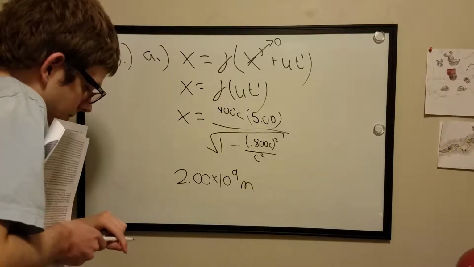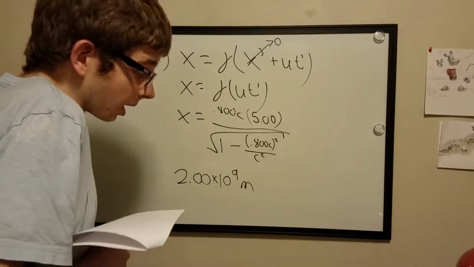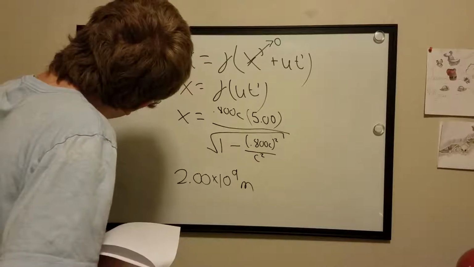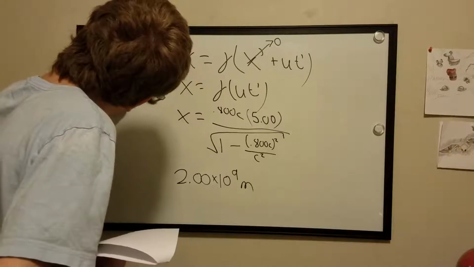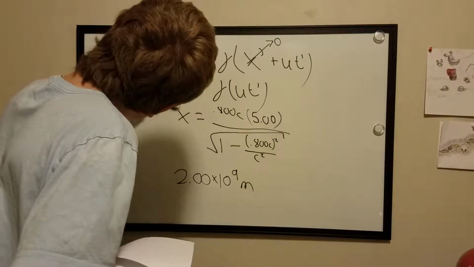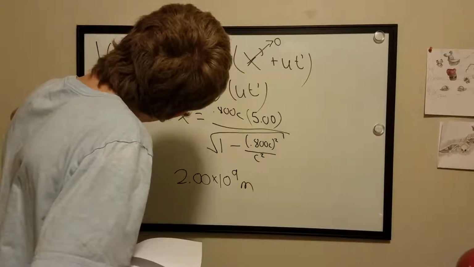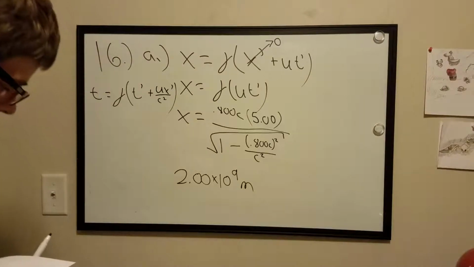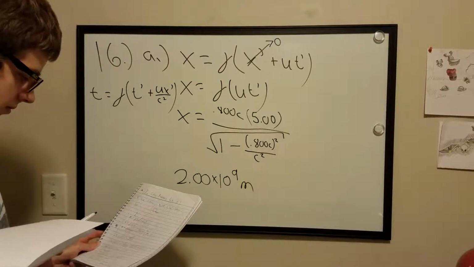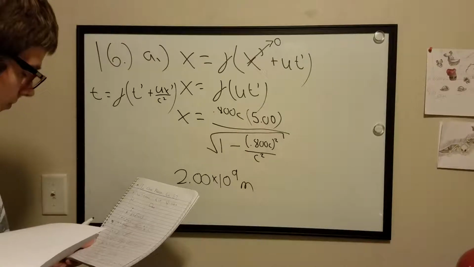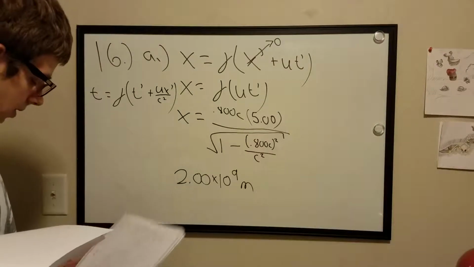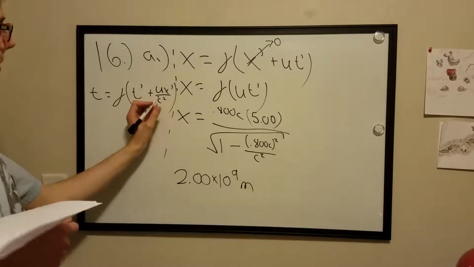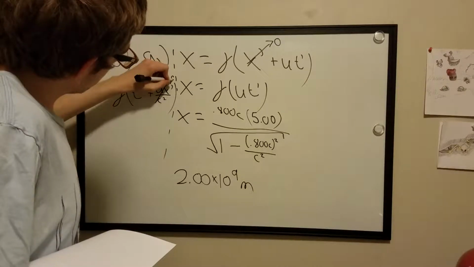Alright. So for Stanley's t, we're going to be using the time Lorentz transformation equation. Time for the Lorentz transformation is equal to gamma times t prime plus u x prime all over c squared. Looking at this equation, we have already decided that x prime is just 0, so this whole second term goes to 0.